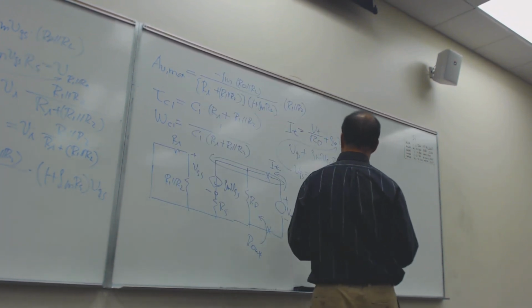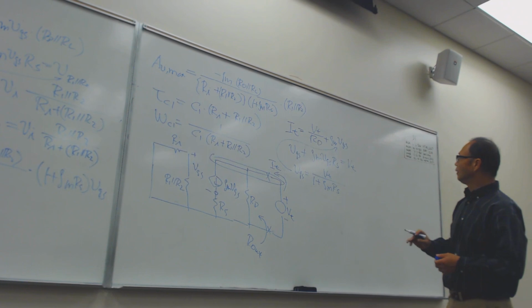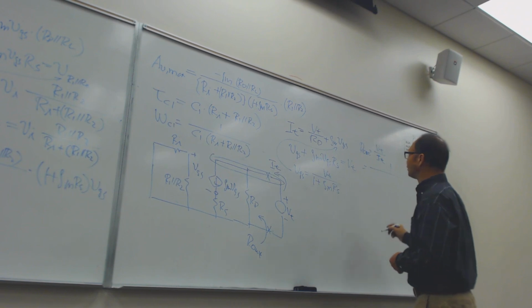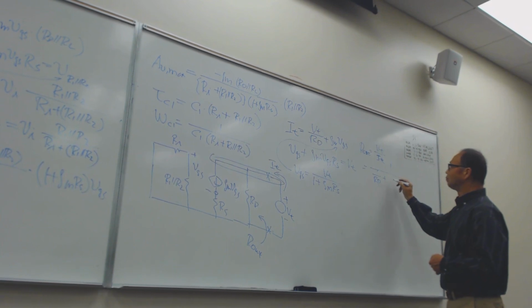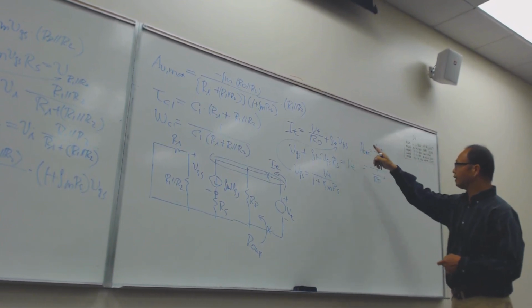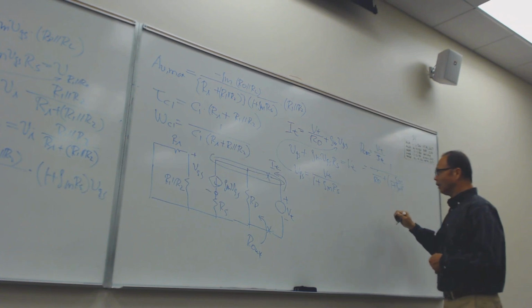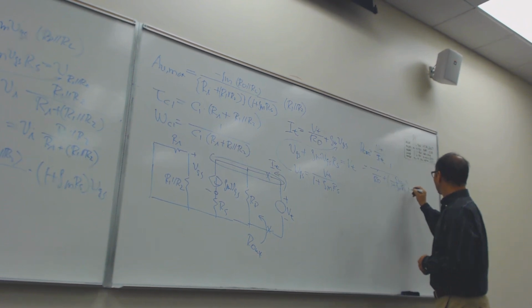Okay. So you put it here, and then you divide this and R out is equal to VT over IT, right? So it's equal to 1 over R sub D plus 1 over that, yes? So it's GM over 1 plus GM R sub S, minus 1, I think.